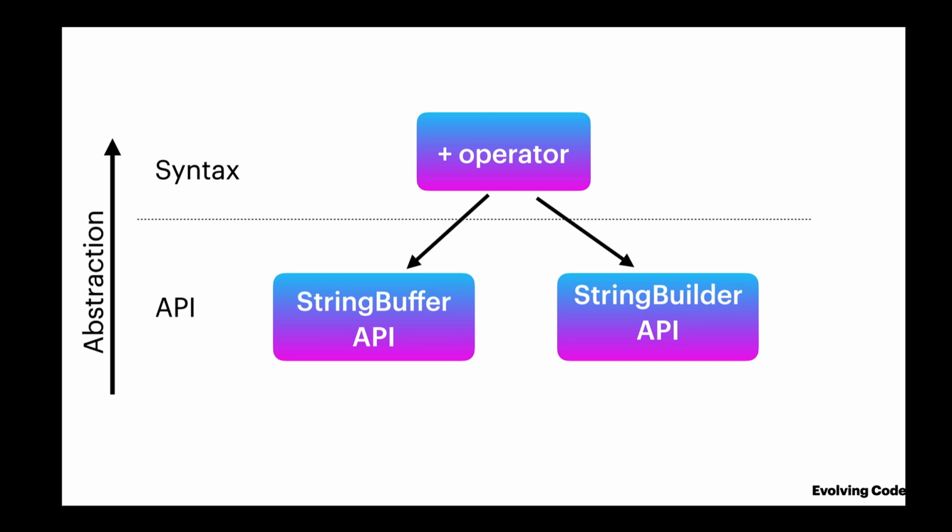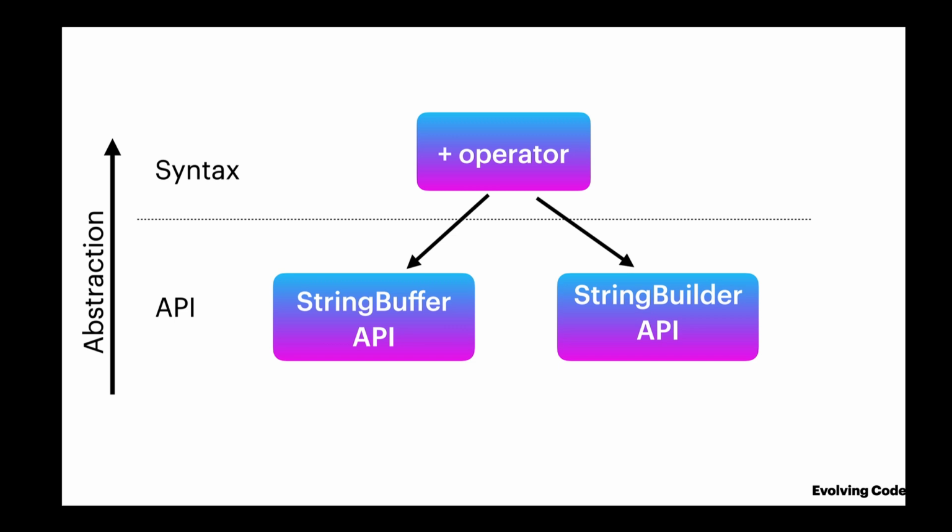In Java, when you compile the code with the plus operator, the compiler will use the appropriate API. We have seen that in the 1.4 version of the compiler, the plus operator was getting converted to StringBuffer API calls, whereas from version 5 onwards, plus operator concatenation was getting converted to API calls of StringBuilder.